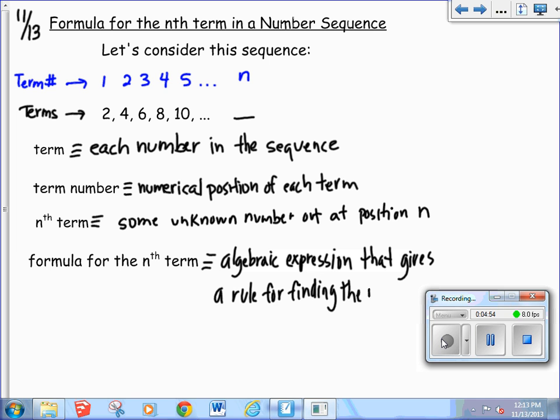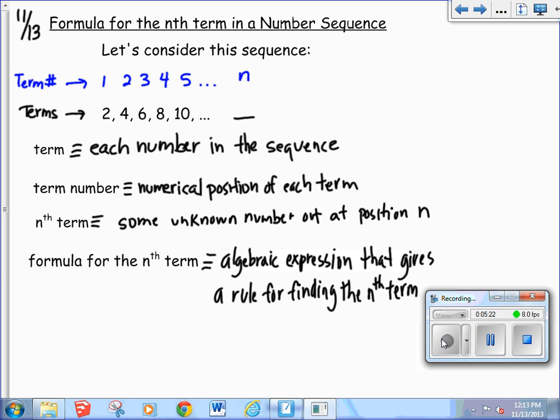Okay, all right, so we're going to practice on this sequence I gave you, the 2, 4, 6, 8, 10, and Will and Luke have already kind of indicated they see a pattern, right? Luke said if I can take the term number 1 and multiply it by 2, I get the first term. If I take 2 and I multiply it by 2, I get the next term. 3 times 2 is 6, 4 times 2 is 8, 5 times 2 is 10.